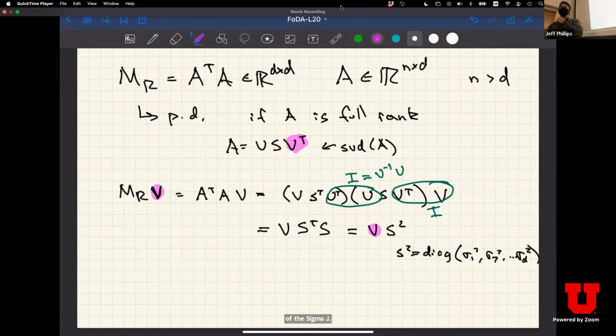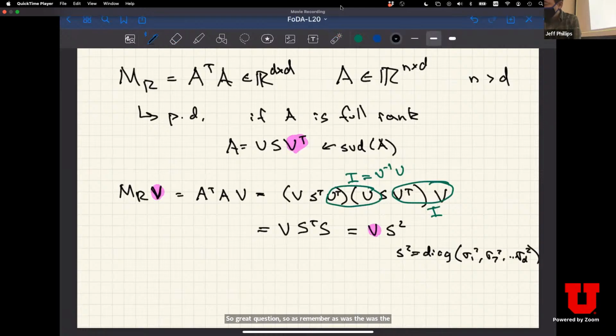Here, why does S transpose S not reduce to the identity matrix? Yes, so great question. S, remember, was the diagonal matrix.